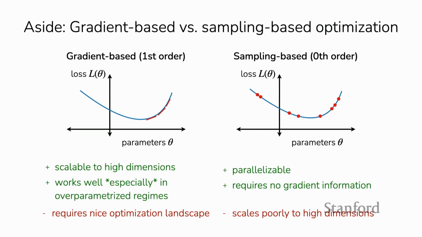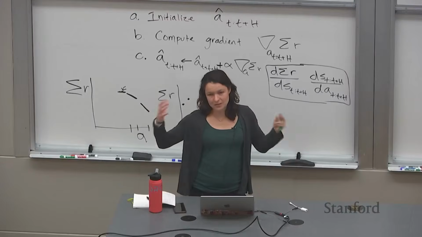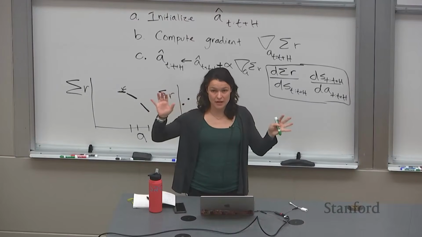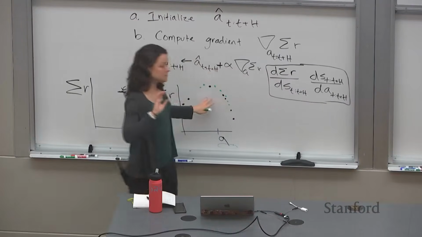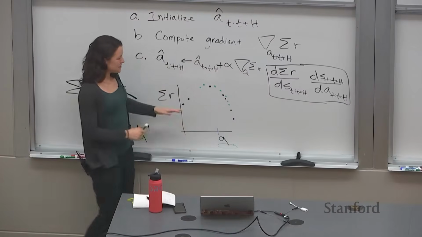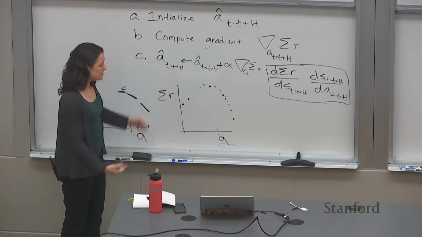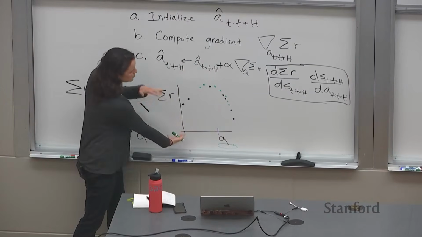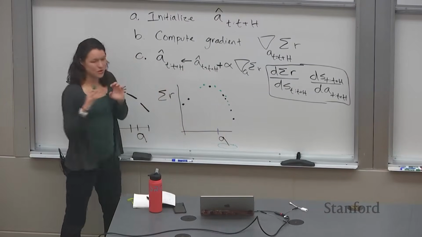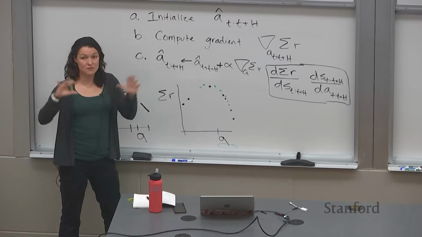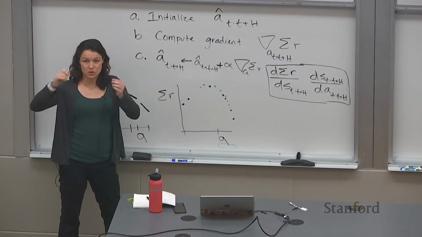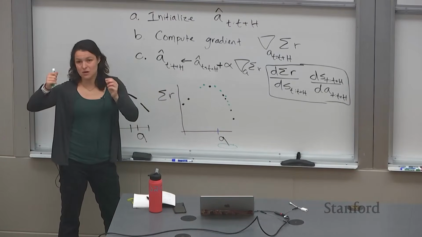The downside is that it scales poorly to high dimensions, because if you have a really high dimensional space, it's very hard to cover that space with lots of different samples. So in one dimension, something like this can work really, really well. But if you imagine, instead of this being one-dimensional or two-dimensional or 10-dimensional, you have to have your samples cover that space well in order to find a good optimum.